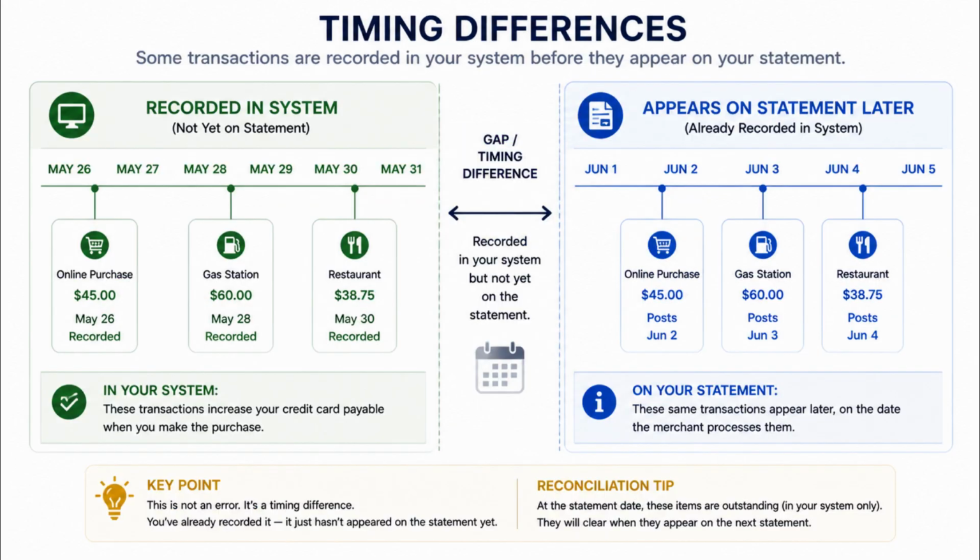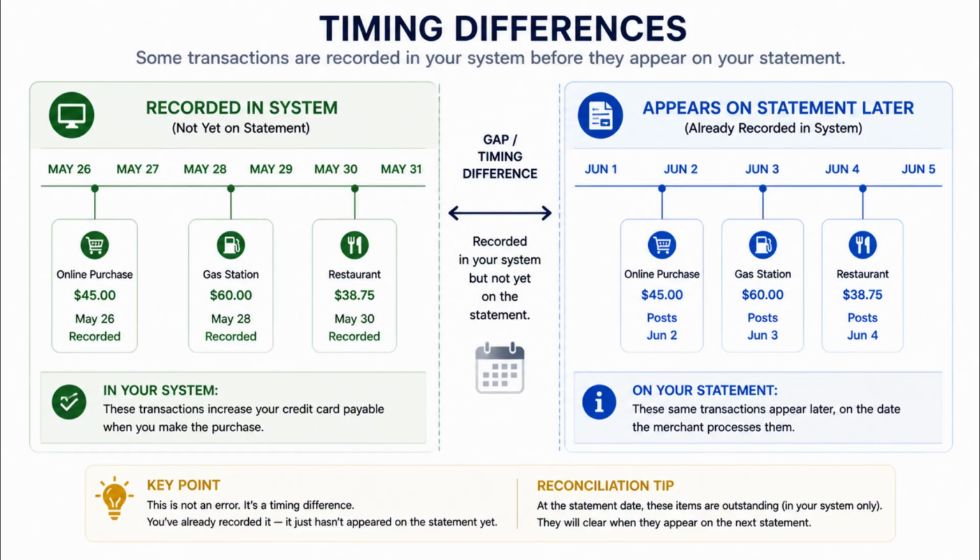Now, the subtle part is timing. Some transactions are in your system, but not yet on the statement. These are pending or cutoff differences, and they are not errors.